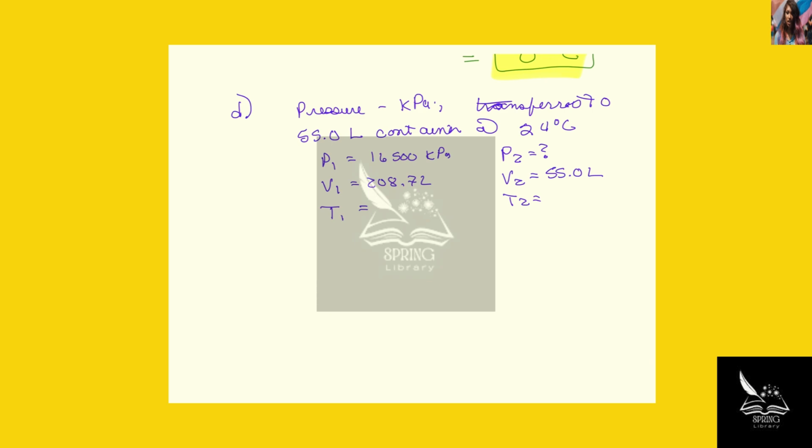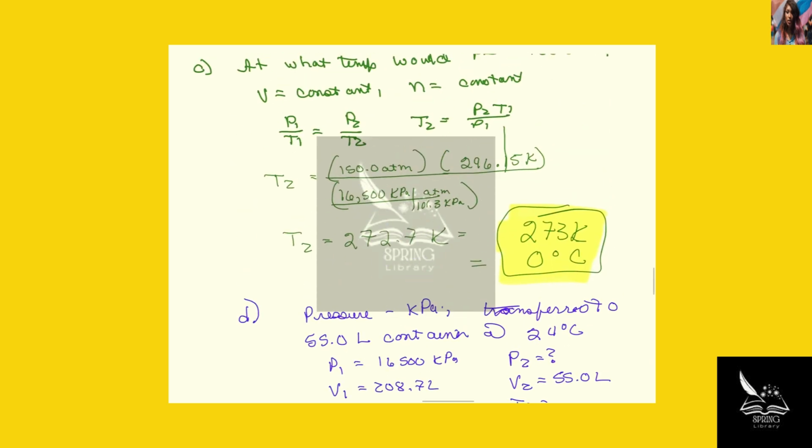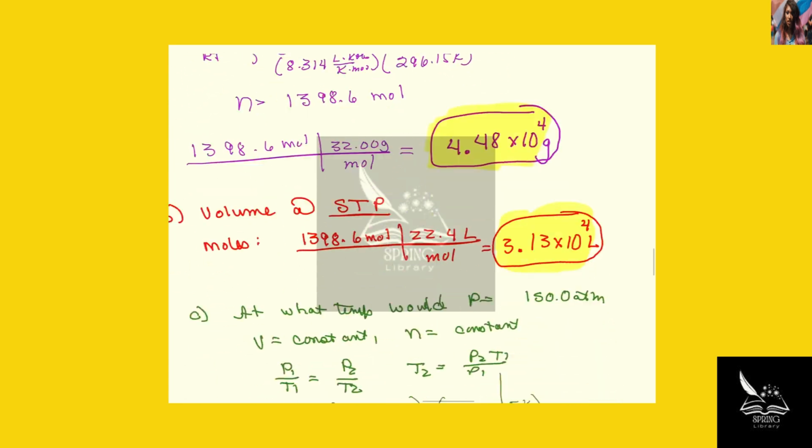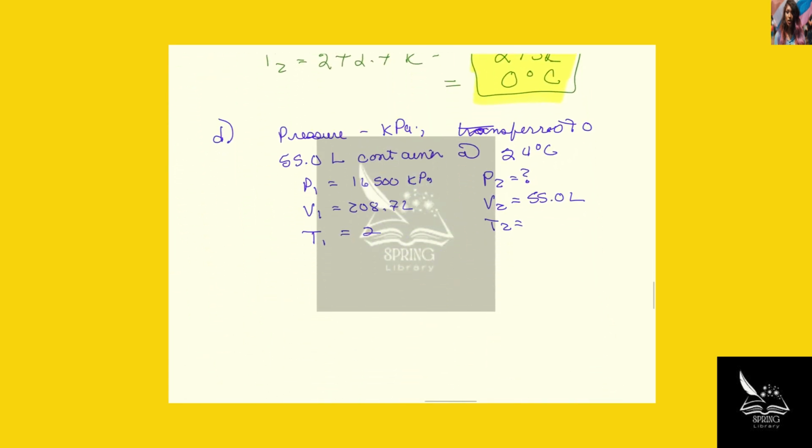This is 296.15, and this is 297.15. So we'll be using P1 V1 over T1 equals P2 V2 over T2. We're solving for P2. P2 will equal P1 V1 T2 over V2 T1.